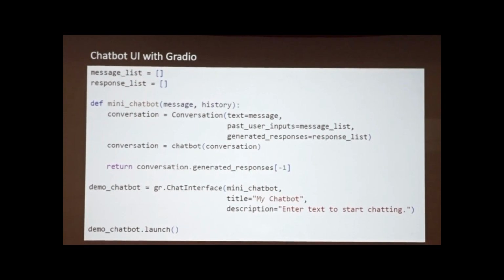I am defining a function called mini_chatbot. This is my chatbot, what I am building, which takes the input message, the starting prompting message, along with the historical information all the time. I told you, once the conversation has been started, it has to consider the context by considering the past conversation information, so the history.